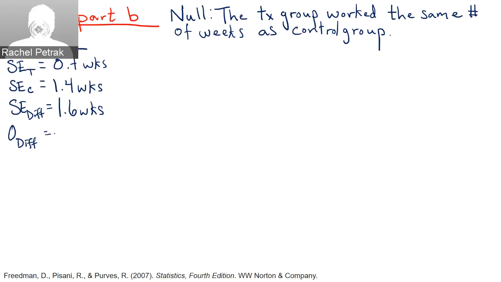That's just based on the values in the problem.